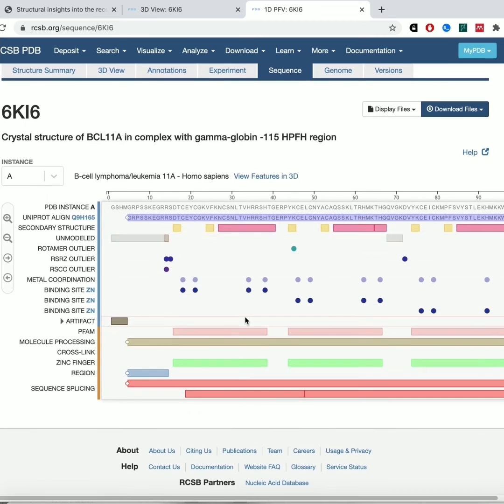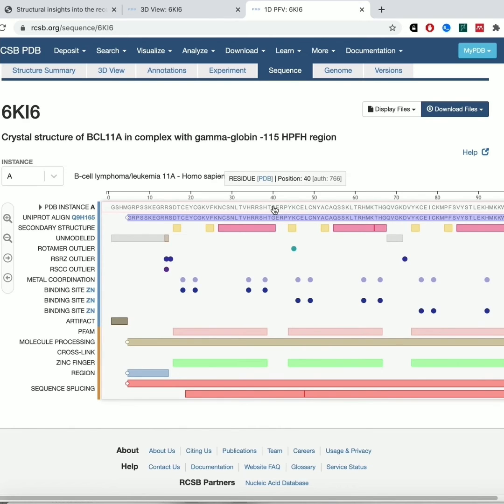In sequence, you can get more information, like where binding sites are located. The gray, remember, are our unmodeled regions. Secondary structures are alpha helices and beta sheets. This yellow is an anti-parallel beta sheet, and this pinkish red is a helix. When you look here, it'll say residue, that's the amino acid, then position, and the author numbers.